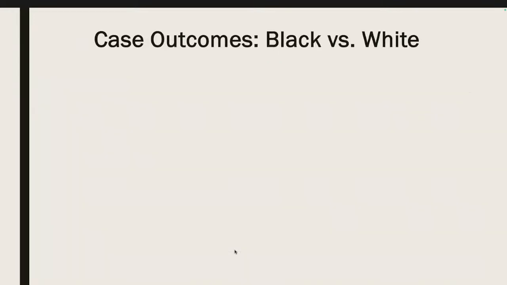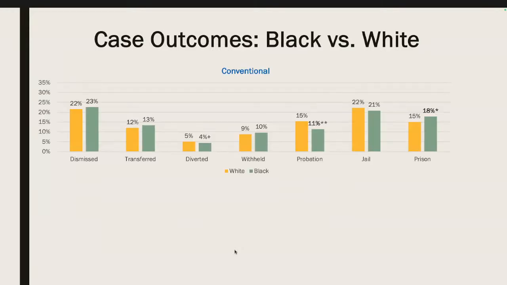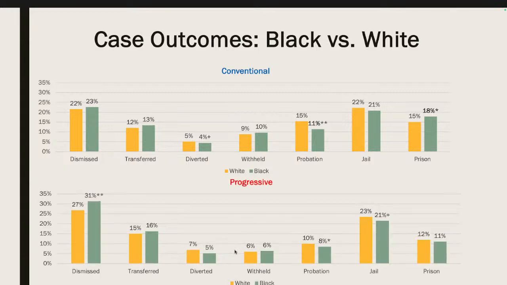By contrast, for African Americans, it does matter which type of prosecutor you have. In jurisdictions, and most jurisdictions have conventional prosecutors, African Americans are disadvantaged in the probation stage: less likely to get probation, more likely to get prison. In progressive jurisdictions, there are no statistically significant differences between whites and blacks.